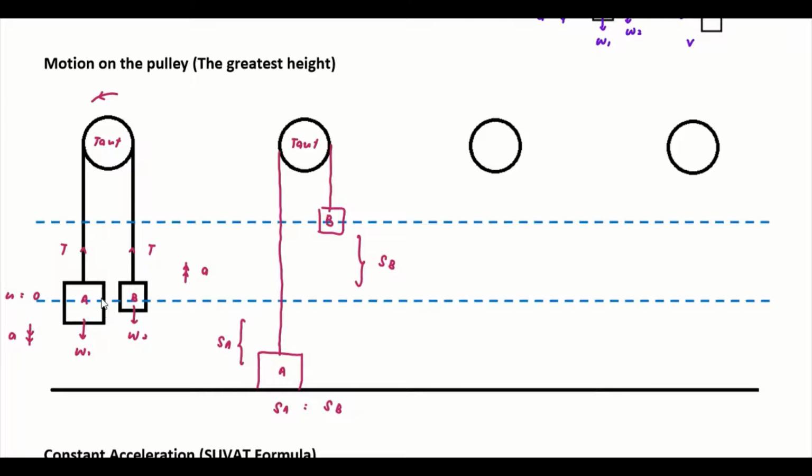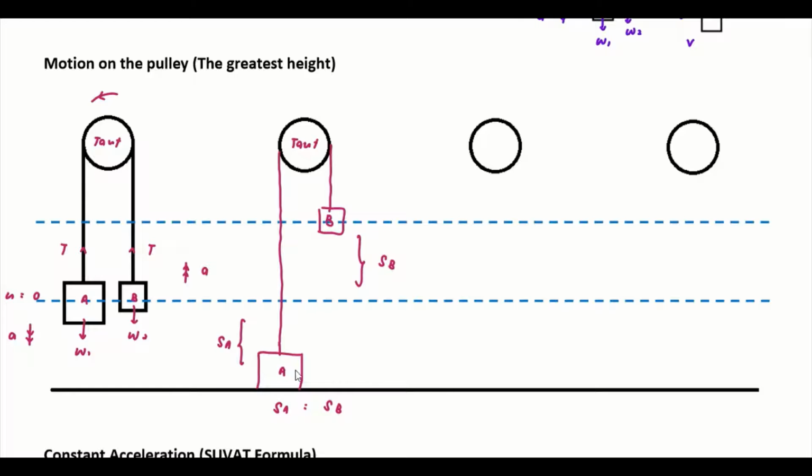At the initial stage, both of these particles are at rest. So we know that the magnitude of the acceleration is the same, right? Having the same u, same s, and the same acceleration, you will have the same final velocity as well.